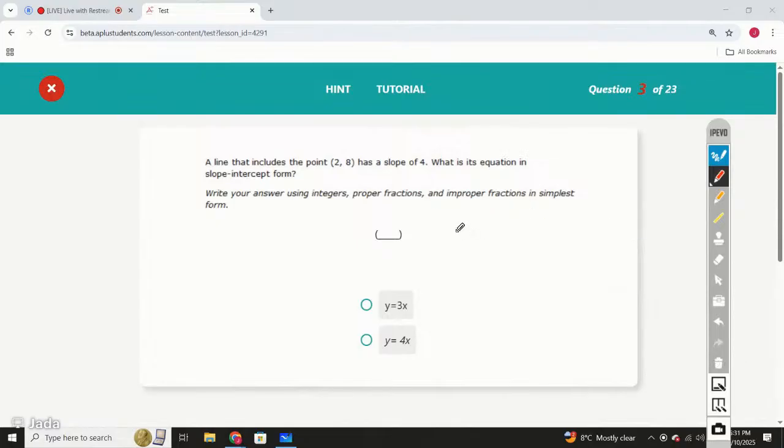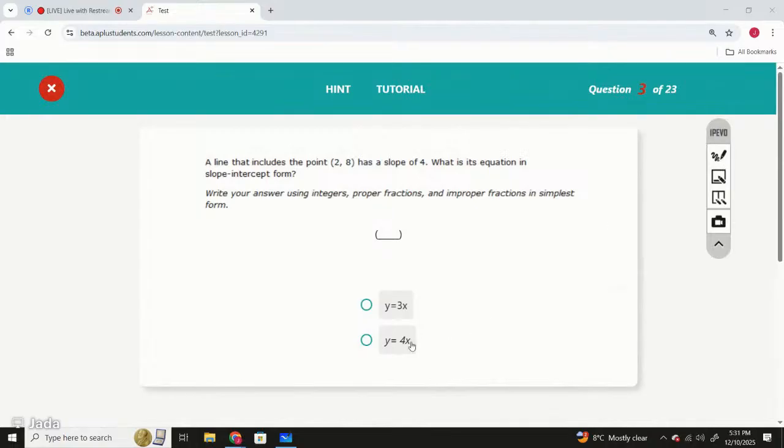Now we need to write the equation in slope intercept form, that is y equals mx plus b. So y equals 4x. Option number 2 is the correct option, y equals 4x. Got it?